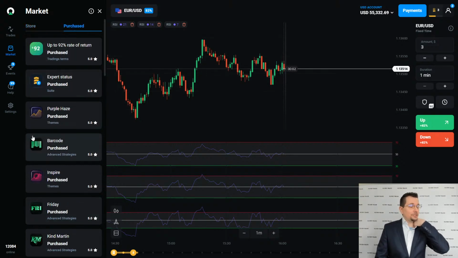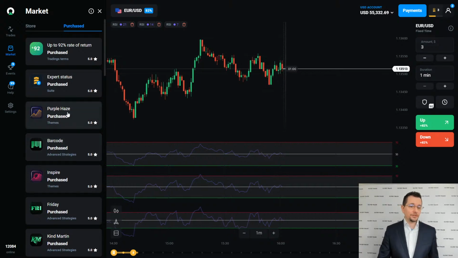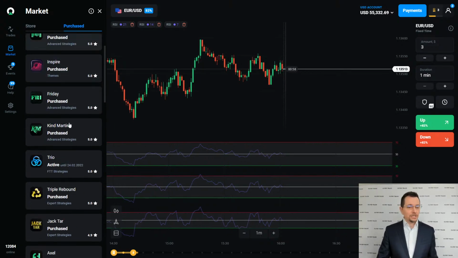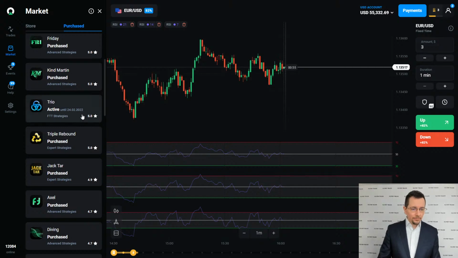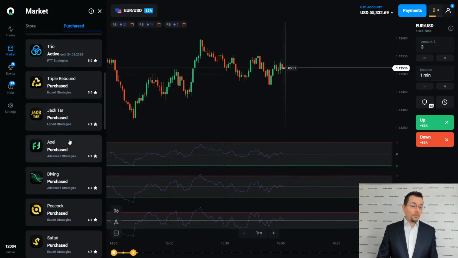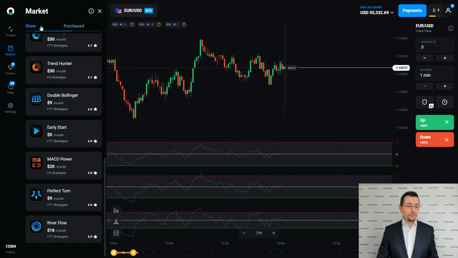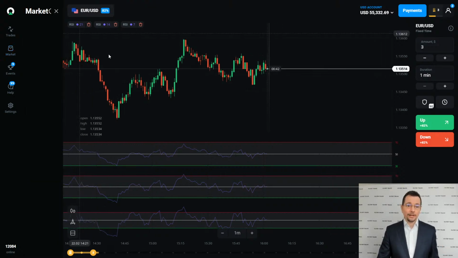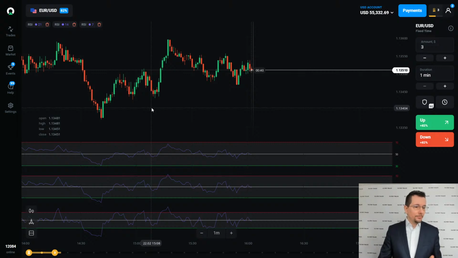You can see the things that you have bought on your account, like different themes and different colors. I like the pitch black that came out a little while ago. So here are all my purchased strategies. But like I said, you can find specifically this strategy, the triple rebound, if you find that you really enjoy it and that it brings you money, right? That's what we're here to do, is to make money.